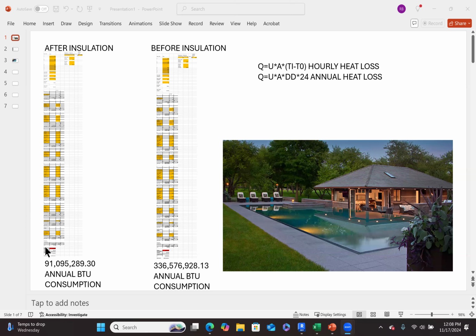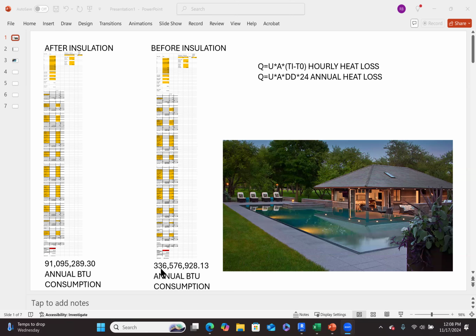Once I insulated it, I only needed to generate 91 million BTUs to keep the level of heat inside of that house the same all the time.